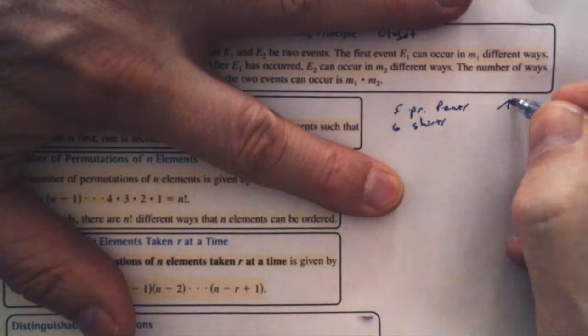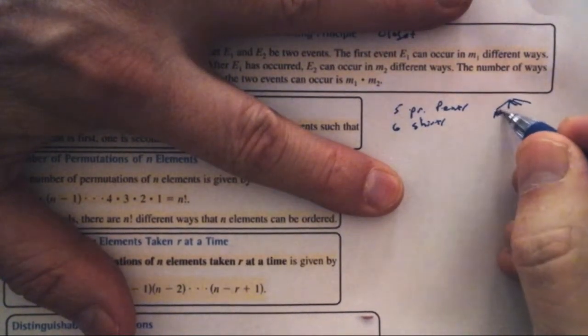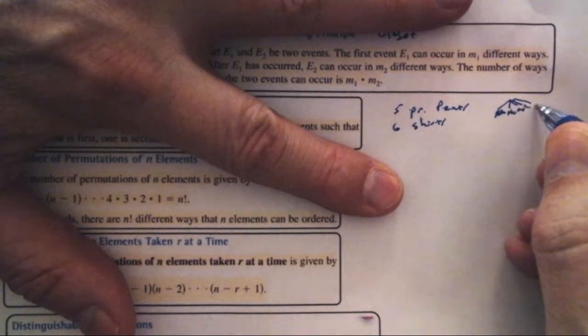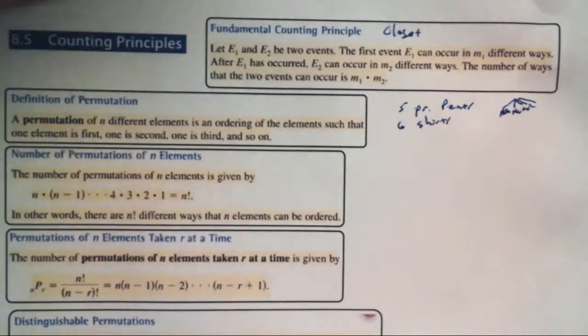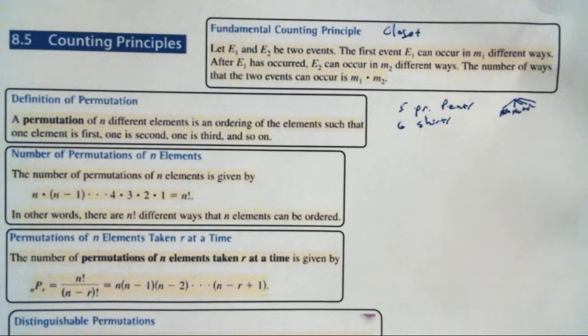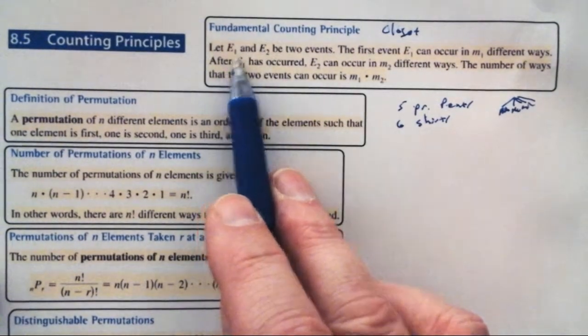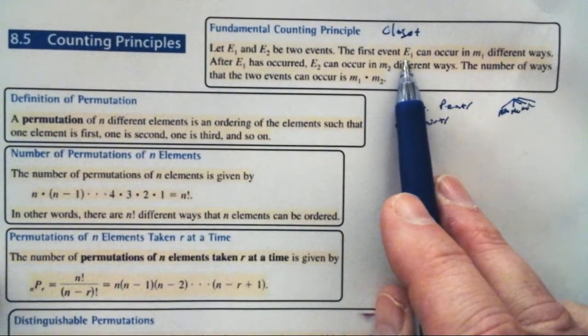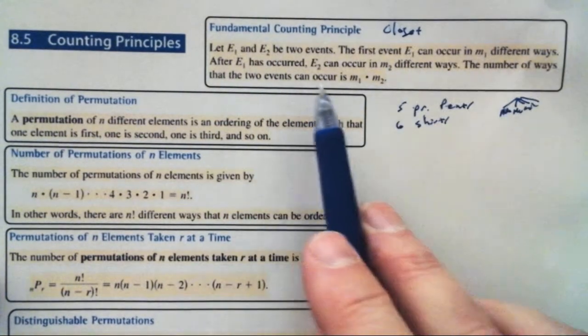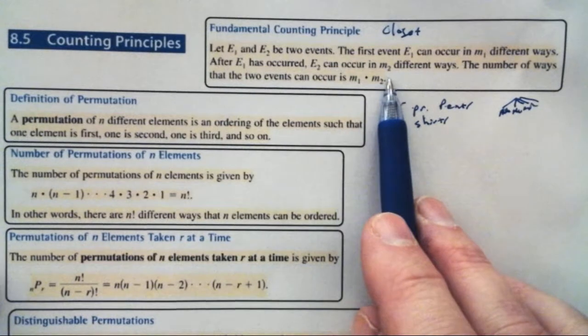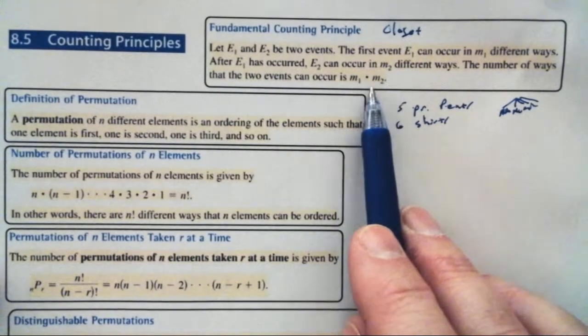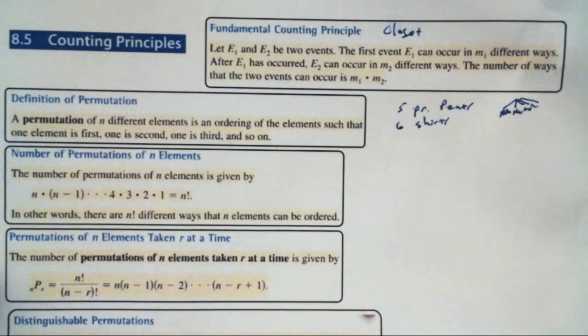You said, well, I got all these 5 different pair of pants, and then from each one of those I've got 6 shirts, and then you realize pretty soon by the time we do the tree diagram we end up with 30 different outfits. And the fundamental counting principle just says if the first event can happen M1 ways and the second can happen M2 ways, the number of ways both events can happen, you multiply.